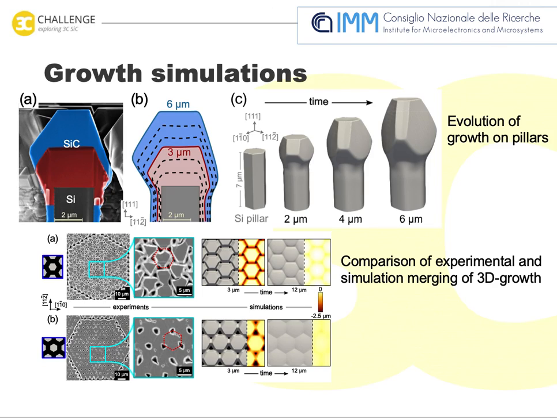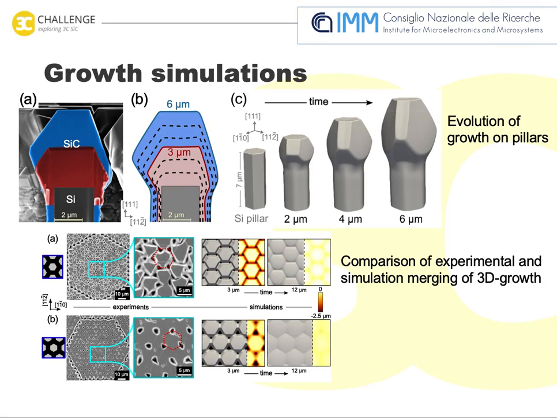Another important aspect covered by the simulation is the understanding and the optimization of the 3D growth on pillars. On the top of this slide, the evolution of a 3D growth on pillars has been studied experimentally for all the growth parameters.